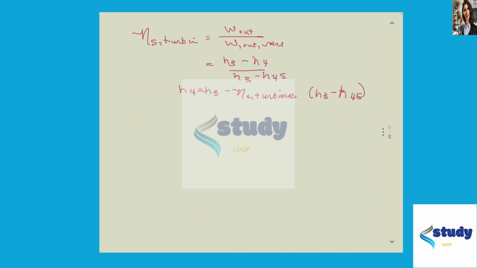Okay, so we found a value for a few temperatures here. Let me write a couple down here.